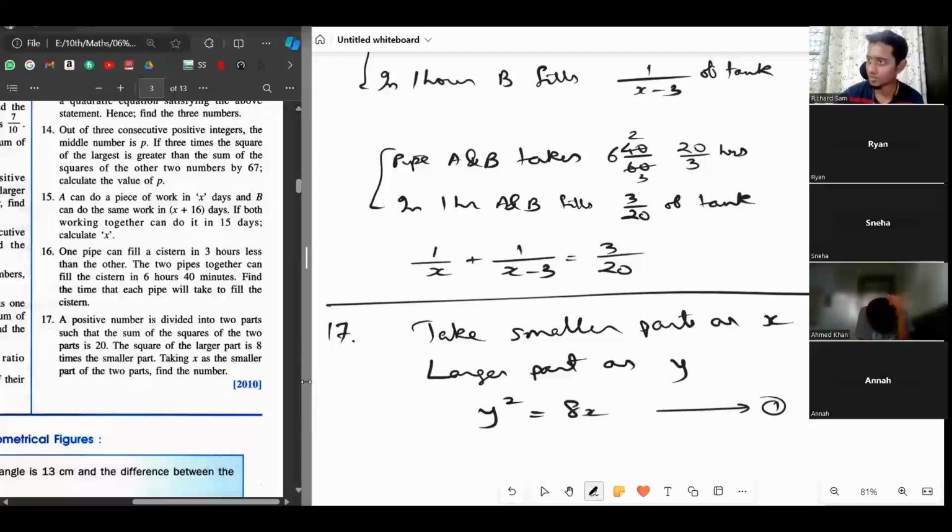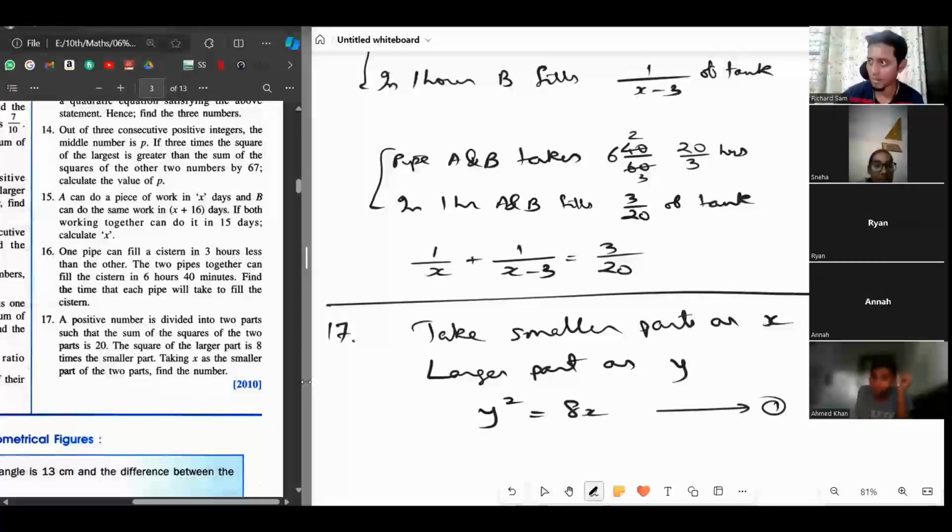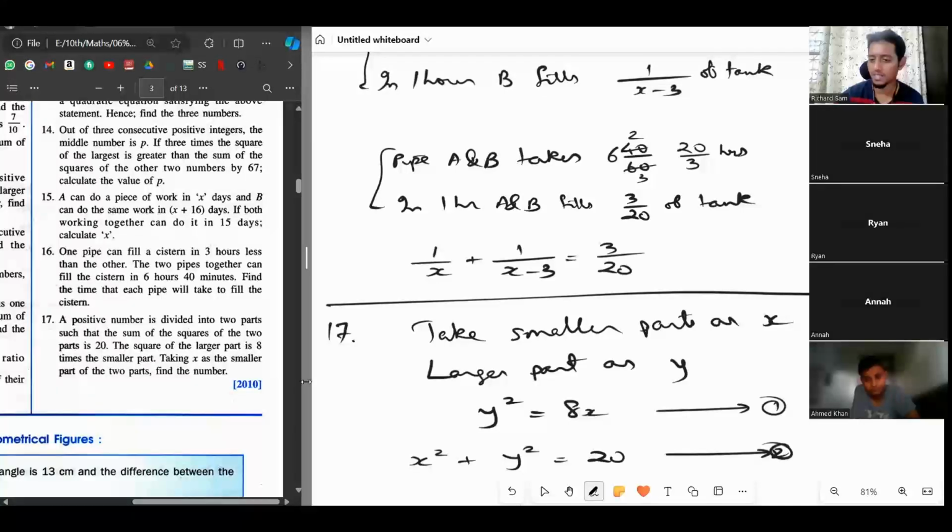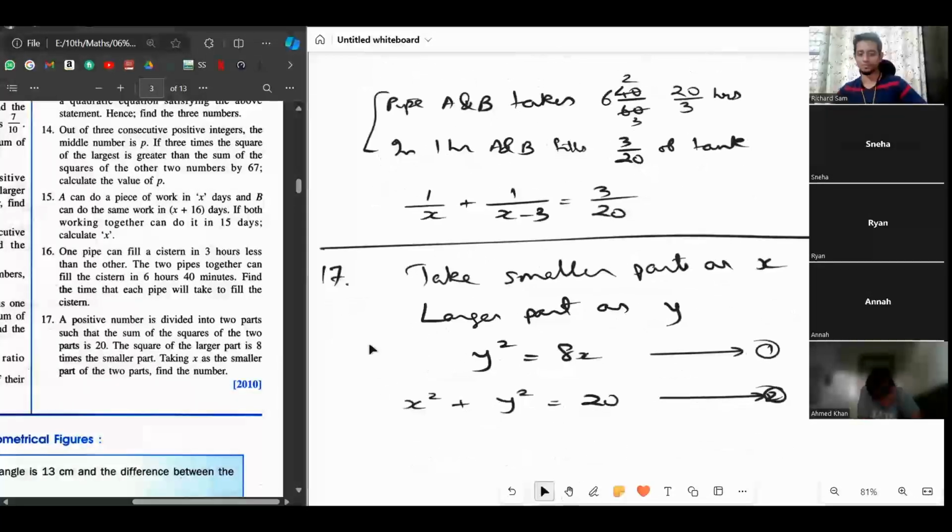What does that mean? X square plus y square is equal to 20. Got it? So now in place of y square, we'll put 8x. So what will your equation become? X square plus 8x equal to 20. That's your quadratic equation. Understood?